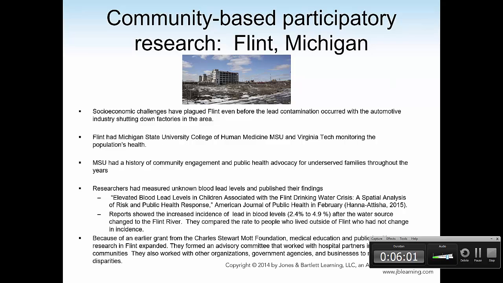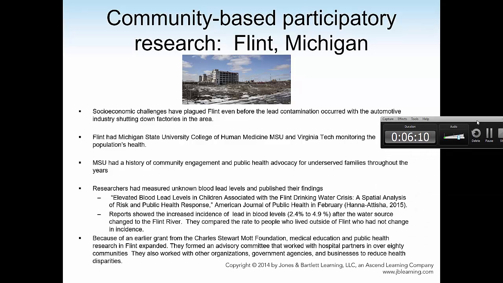Now, even before that, but especially because of this, there was a lot of healthcare workers out into the community, educating people, trying to reduce all kinds of risk and exposures.